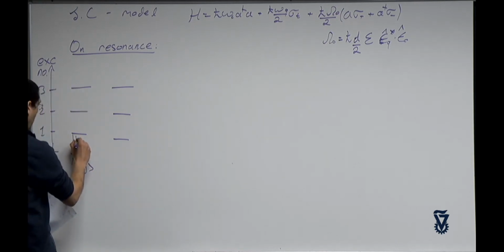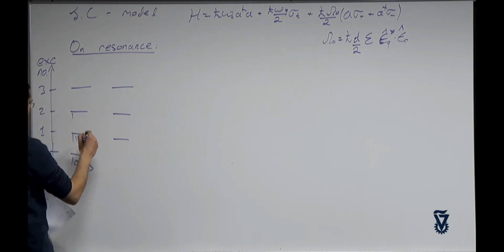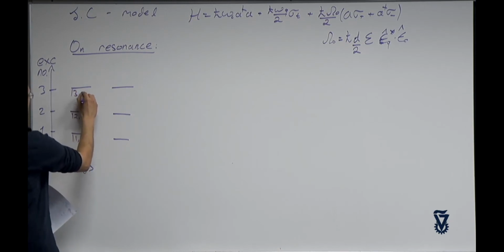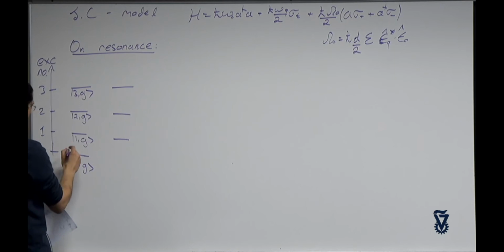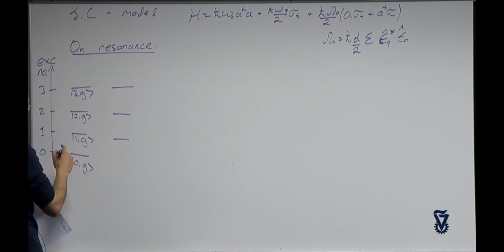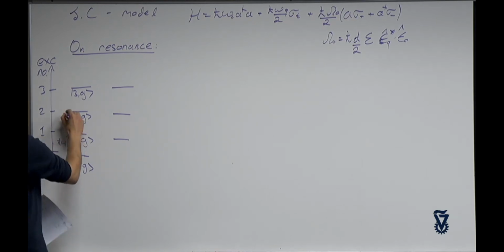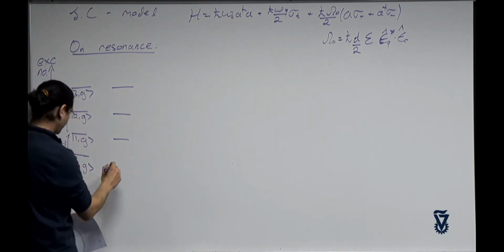So here is going to be 1 photon in the cavity and qubit in the ground state, 2 photons in the cavity and qubit in the ground state, 3, qubit in the ground state, and so on. So the energy difference between these two levels here is h bar omega c.